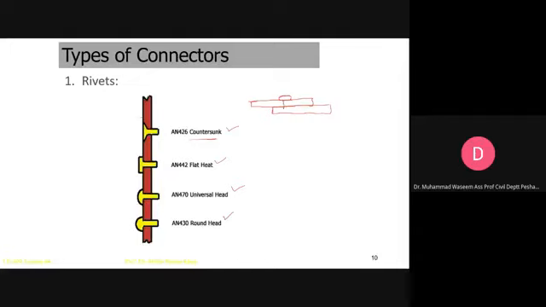You drive that rivet into the hole made in these two members, so that the length of the rivet is more than the thickness of these two plates. This rivet is heated, in a hot state.